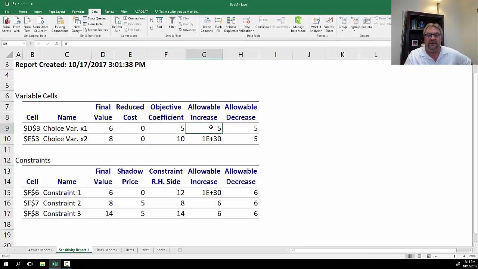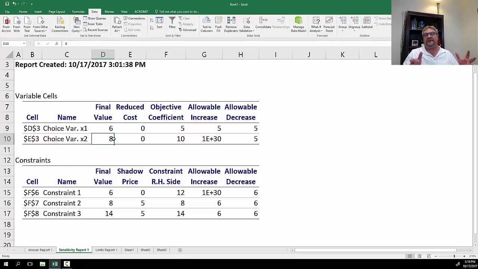So you could just charge more. You could charge up to $5 more for good 1, and you're still going to produce 6. You could increase the price and therefore the profit of good 2, and you'd still produce 8.